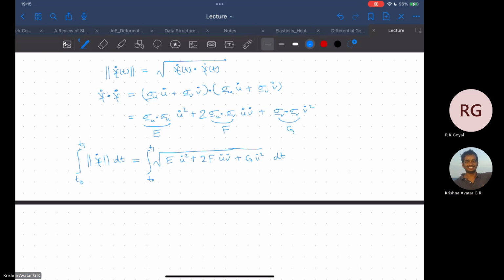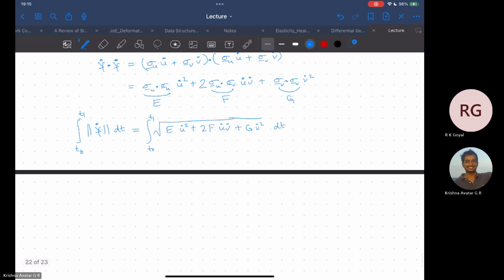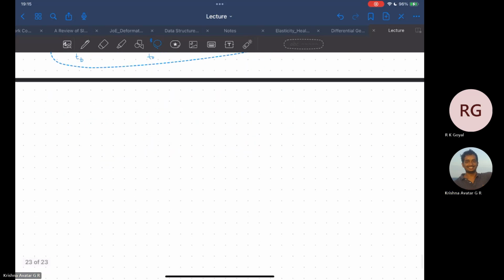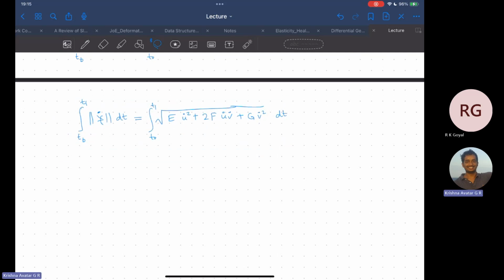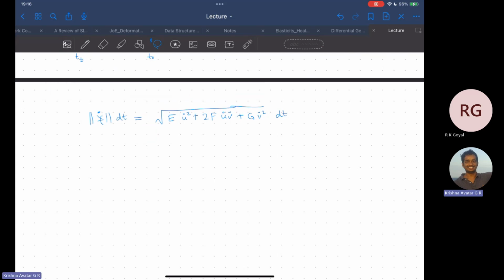Now let's come to something which is really interesting here. Let me bring this, copy this into this new page. Remove this integral part, but let it still be multiplied with dt.